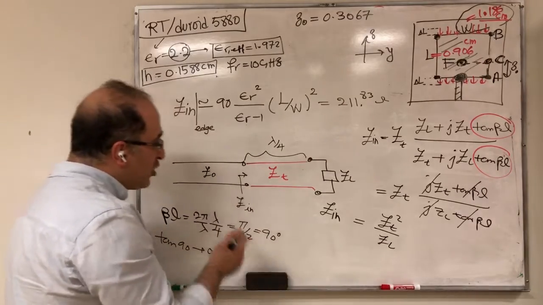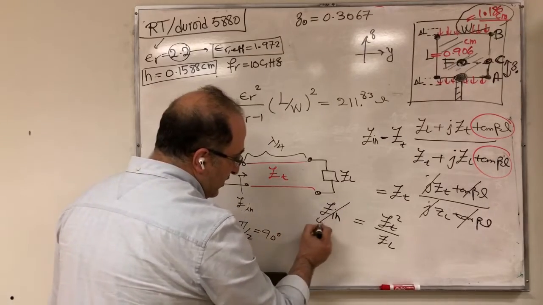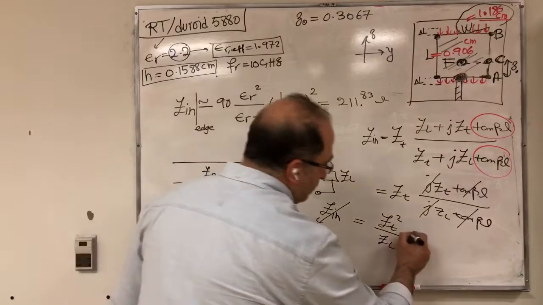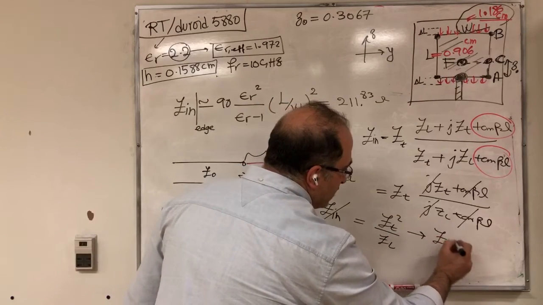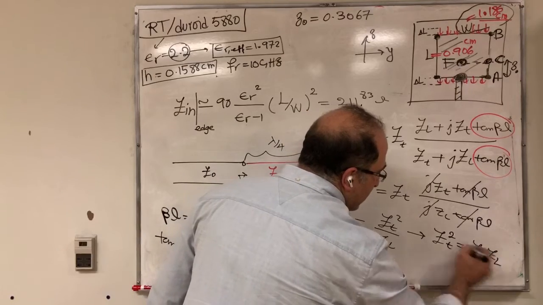Now under matched condition, you want Z in to be the same as Z naught. So you can just, instead of Z in, say Z naught, and therefore you get to this equation that ZT squared is Z naught times ZL.